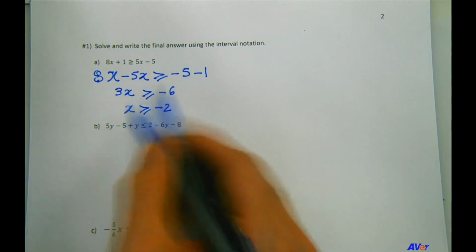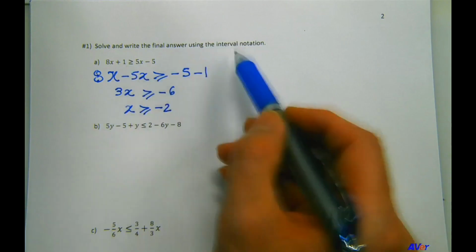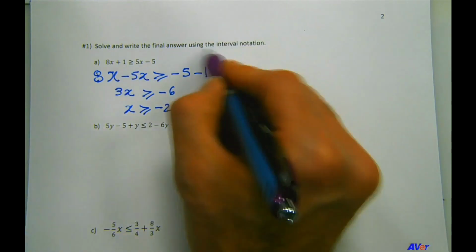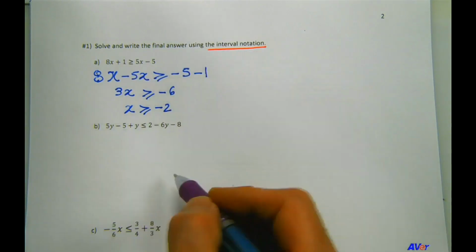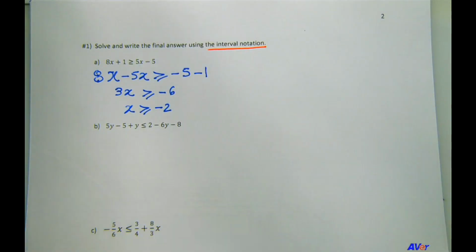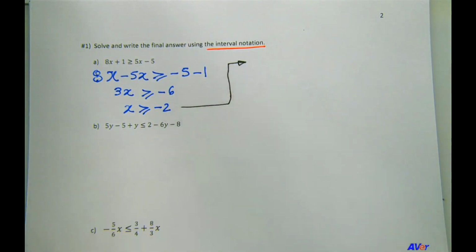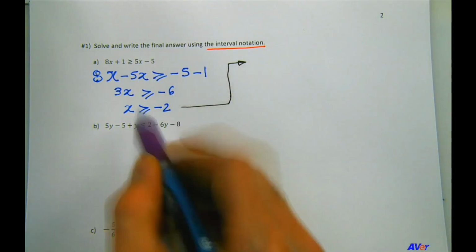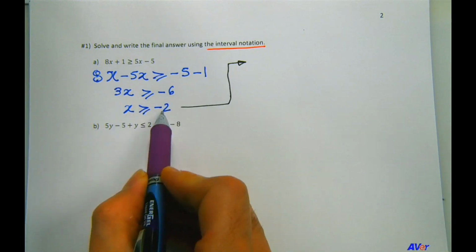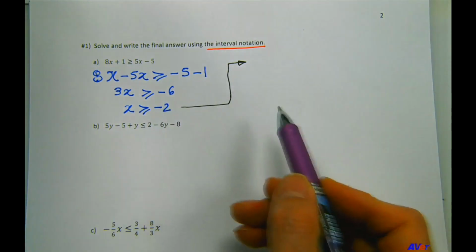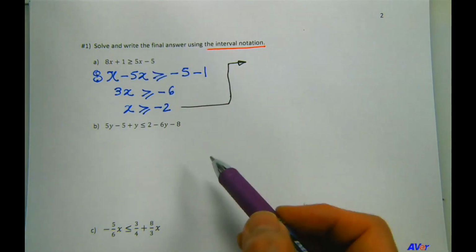So we've solved the inequality, but we haven't answered this question yet because it says solve and write the final answer using the interval notation. So the interval notation is as follows. According to this, any x value that is equal to -2 or larger is the solution of this inequality.